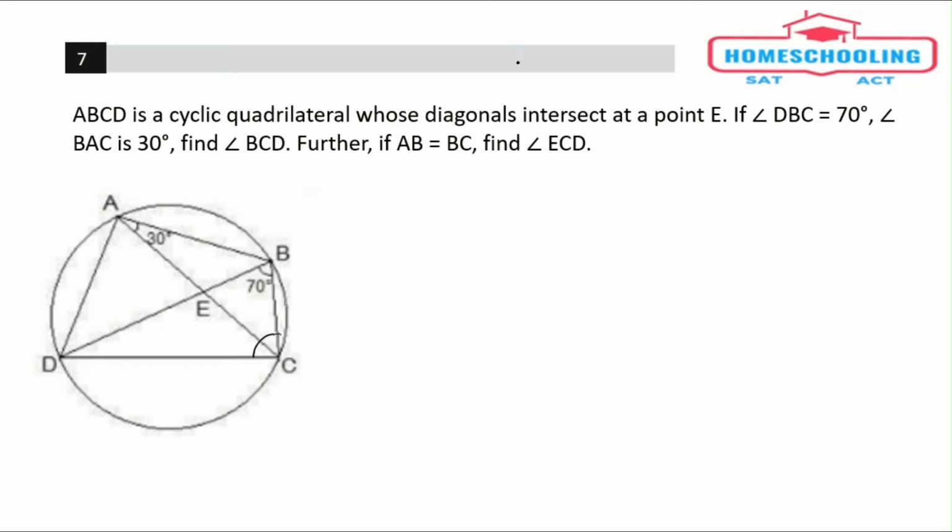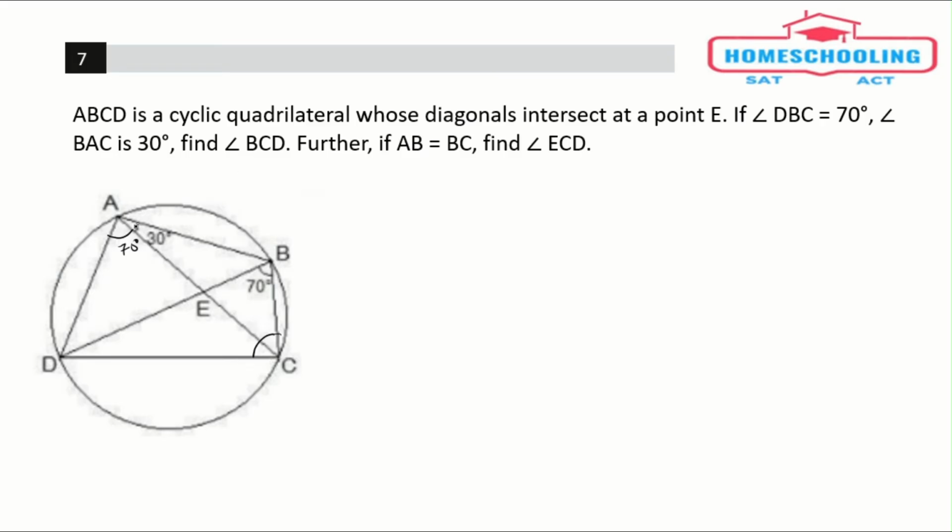Now what we are going to do here is, this is your common chord, and angle DBC is in one triangle. This angle is subtended by the same chord, and in triangle DAC, the angle DAC is also subtended by the same chord. Hence both angles would be the same. So this is 70 degrees, so this is also going to be 70 degrees, because the angles are subtended from the same chord.